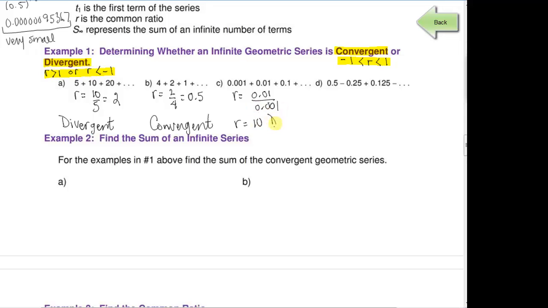So this is divergent. And for the last one, r is equal to t2, which is negative 0.25 over 0.5, and that gives us negative 0.5. So negative 0.5 is between negative 1 and 1, so this is convergent.